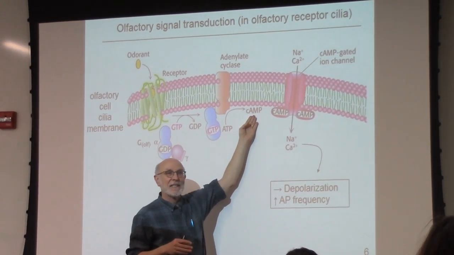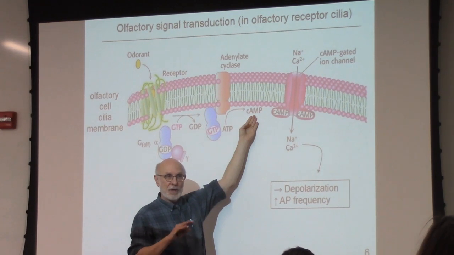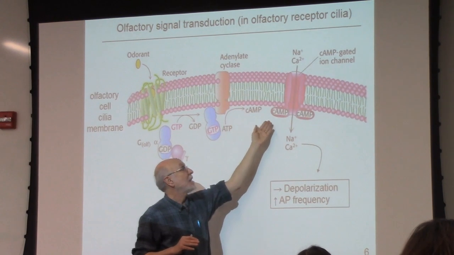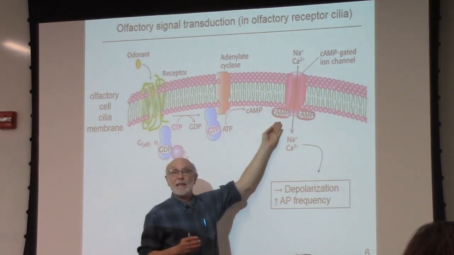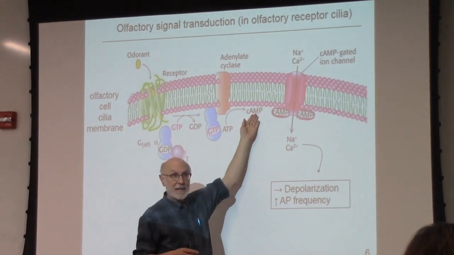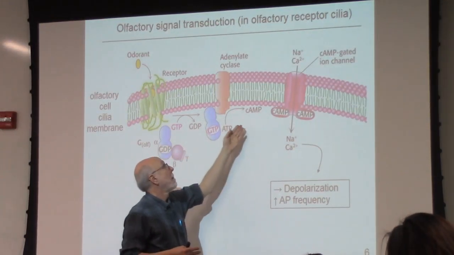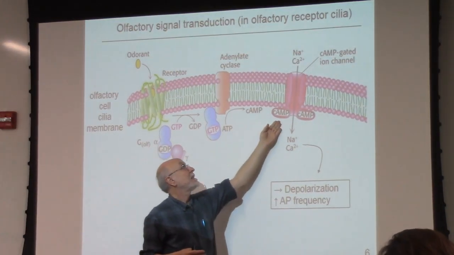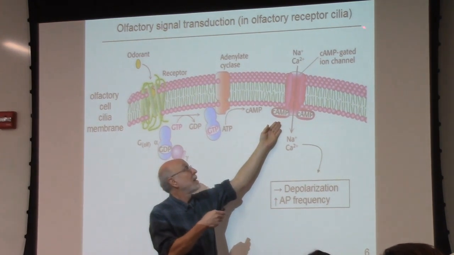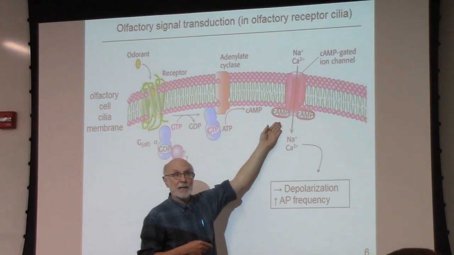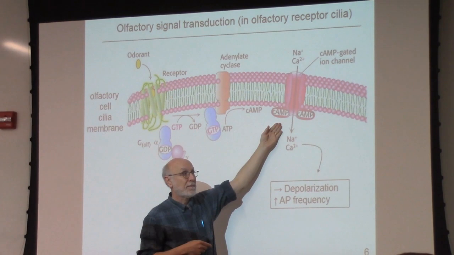Does not activate PKA. Now the story deviates. The second messenger activates a cyclic nucleotide gated cation channel. Cyclic AMP activates a cyclic AMP gated or a cyclic nucleotide gated ion channel that is permeable to cations.